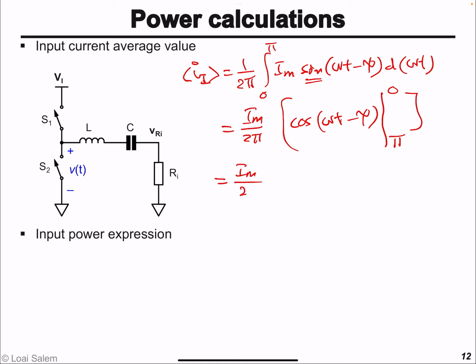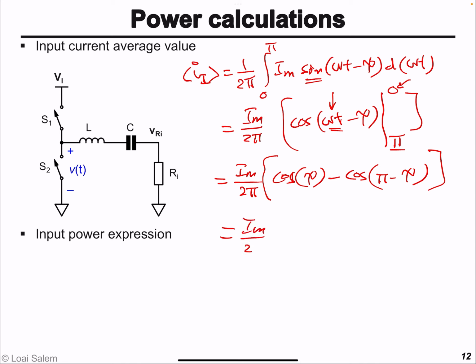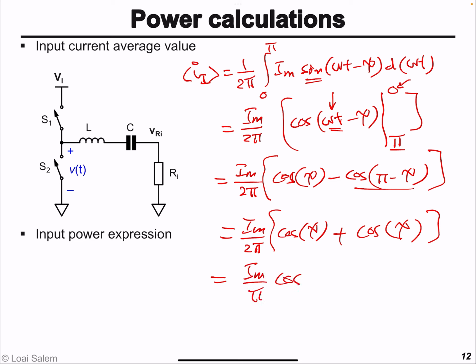So Im divided by 2 pi, replacing omega t by 0, we get cosine minus epsilon, which is cosine epsilon, minus, we replace omega t by pi, so we have cosine pi minus epsilon. And we know that cosine pi minus epsilon is basically equal to minus cosine epsilon. And so we get Im divided by pi times cosine epsilon. Okay, and that's the average value of the input current.